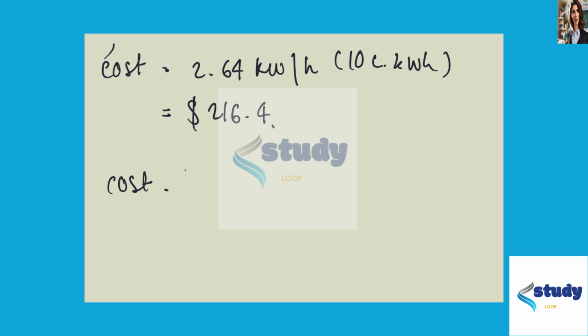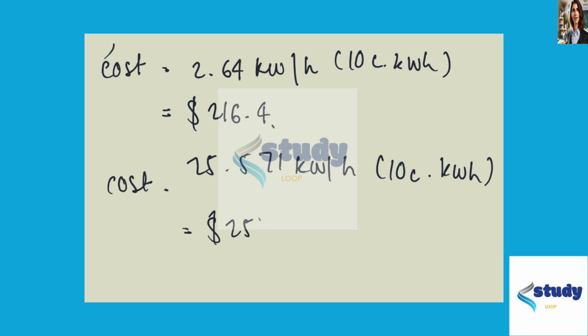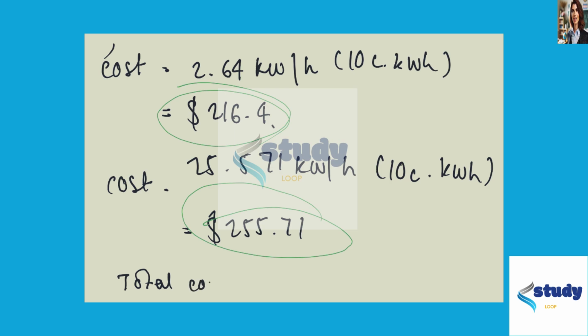We have another cost where we have 25.571 kilowatt hours multiplied by 10 cents per kilowatt hour. Got a value of $255.71. So that we have the total cost, we add those together, which is equal to $471.57.